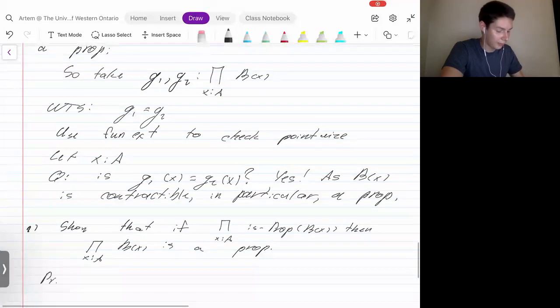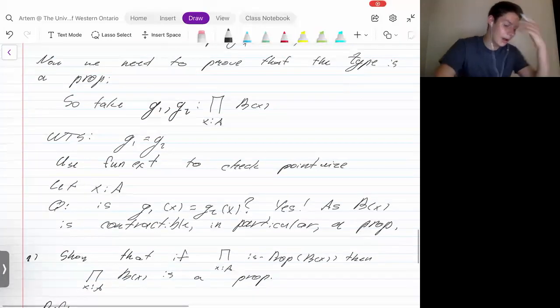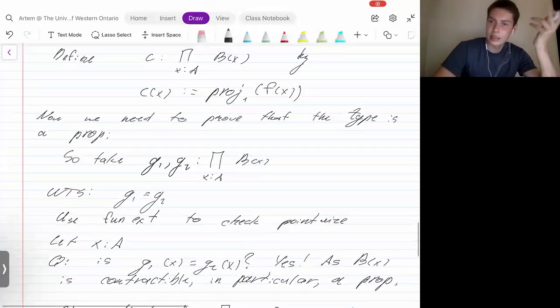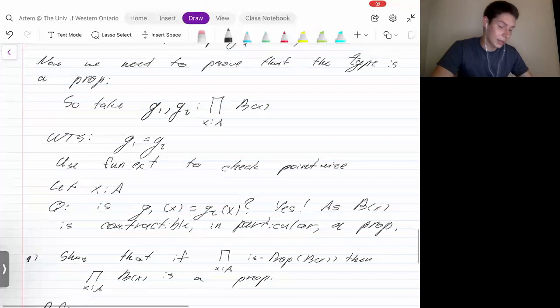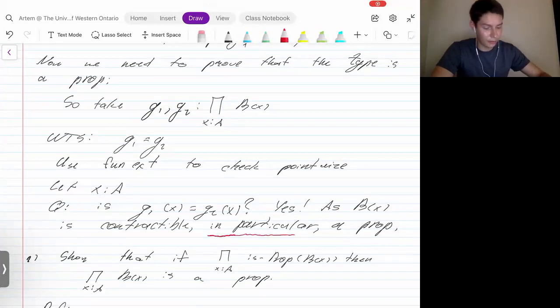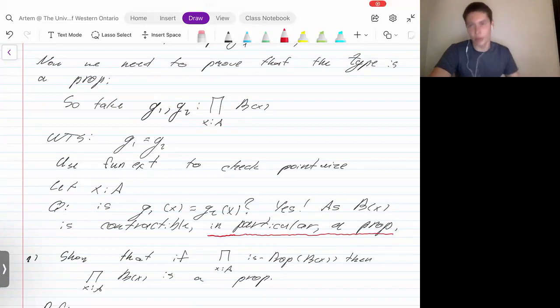And the proof is sort of like, now we don't need to have a witness. Now we just need to show that our entire function space is a proposition. Note that here, our proof of the fact that the entire function space is a proposition relied on functional extensionality, which we always assume. But moreover, it just relies on the fact that B of X is a proposition for all X in A.